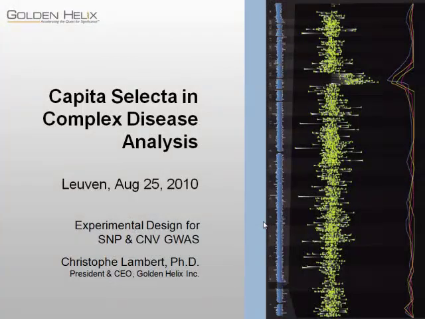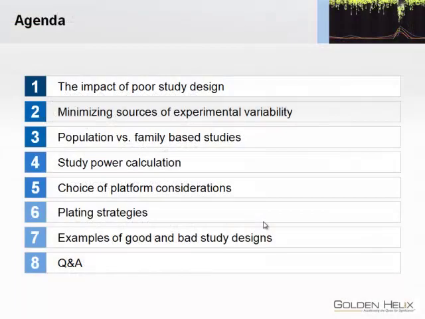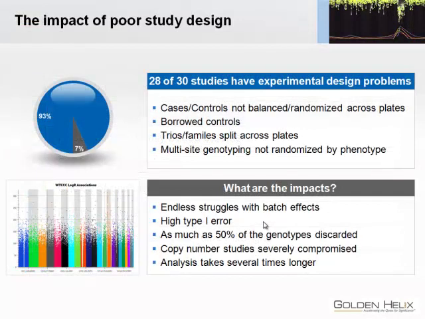So the first section is very near and dear to my heart because we've done so many studies and found that there have been experimental design problems that cause many challenges in quality control and association analysis.